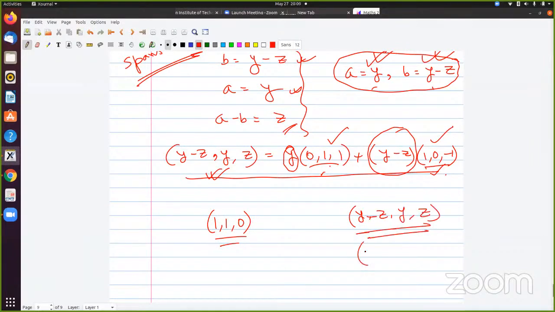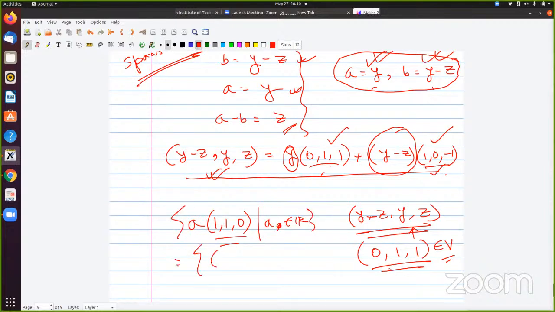Suppose I am taking (0, 1, 1). This is an element of V, right? Is it clear to everyone? Yes, sir. Can we get this element by this? No, right? What is the span of this? The span of this means A into this, where A is any real number.